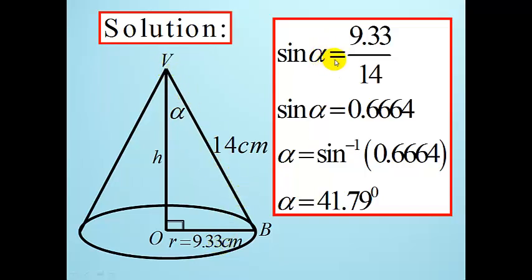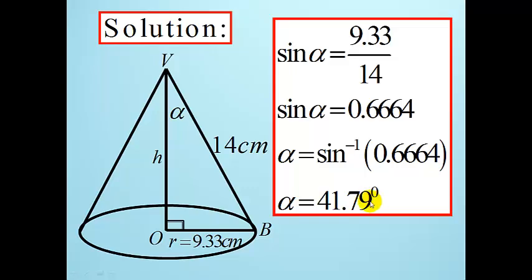So sine alpha is equal to 9.33 divided by 14. Now sine alpha is equal to 0.6664. So alpha will be equal to the sine inverse of 0.6664, and the answer is 41.79 degrees. So the semi-vertical angle alpha is equal to 41.79 degrees.